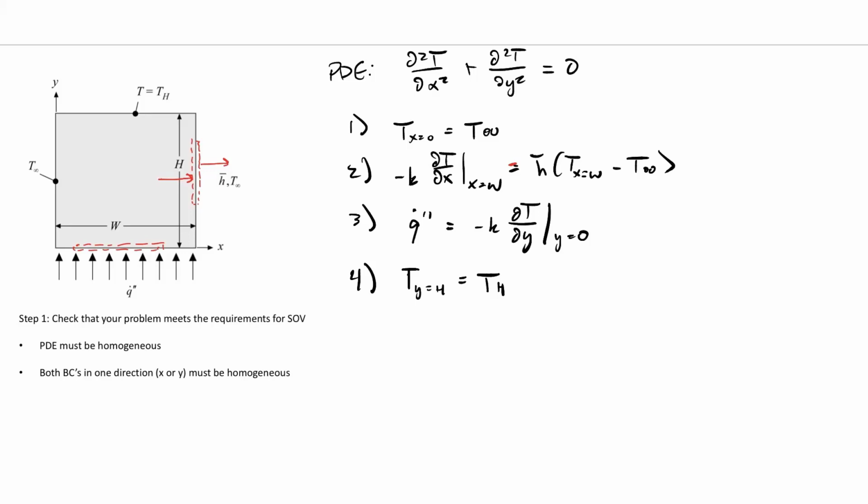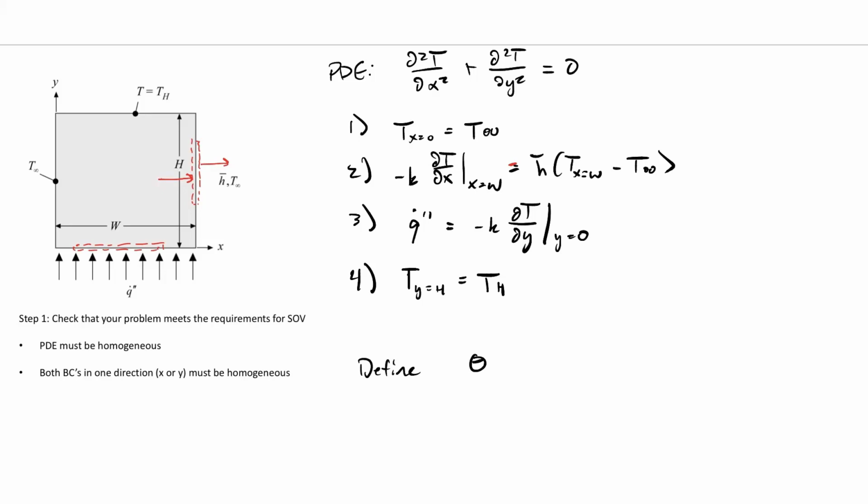So let's see. What we want to do is find a way to make this a homogeneous problem. What's one thing we could do? Well, we could define a new variable, and let's call that variable theta. Let's make it something convenient so that what comes on the right-hand side of some of these boundary conditions ends up being 0.